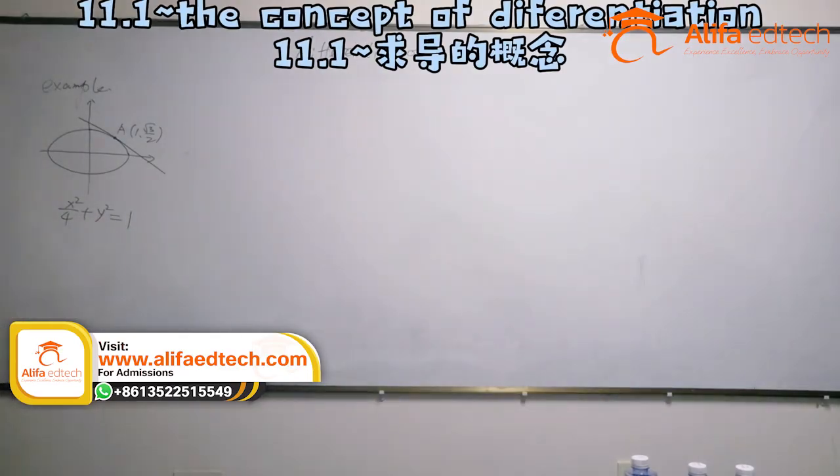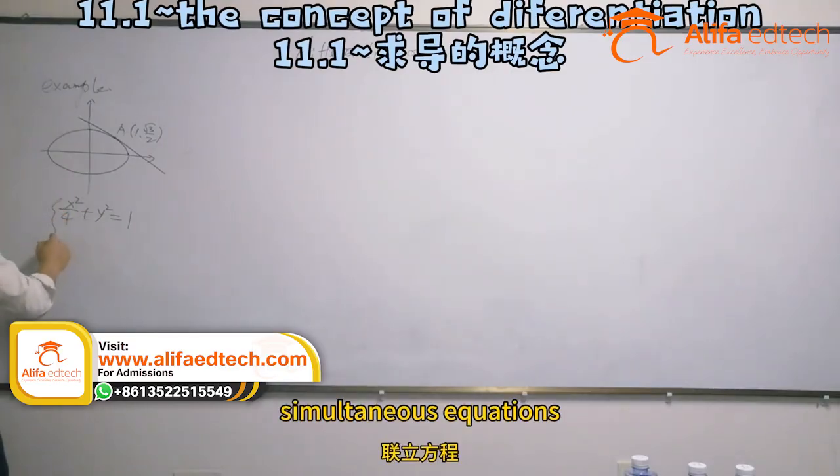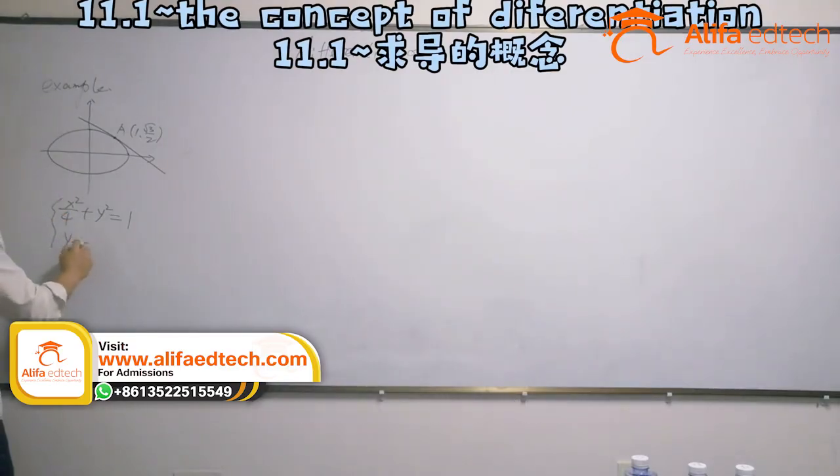So, we solve the simultaneous equations. We get a quadratic equation.